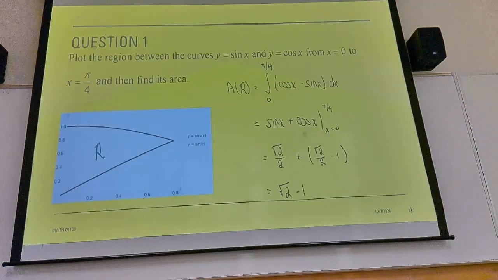Just root 2 minus 1. I was just trying to simplify that bit in parentheses. Which is what, about 0.41?